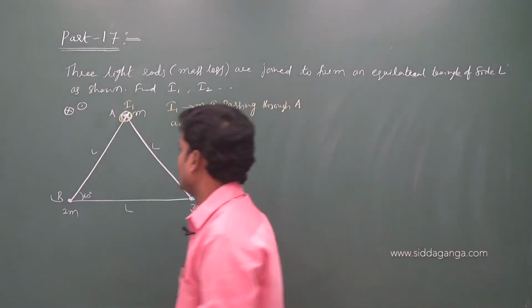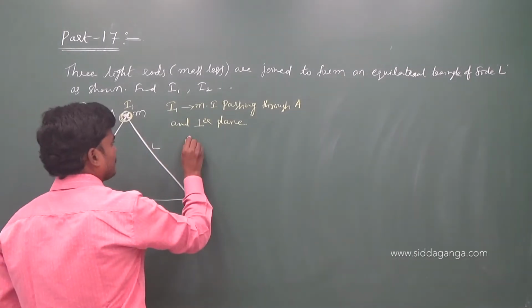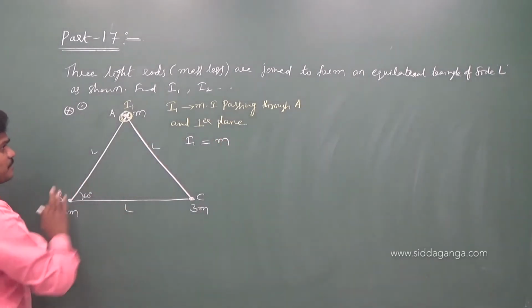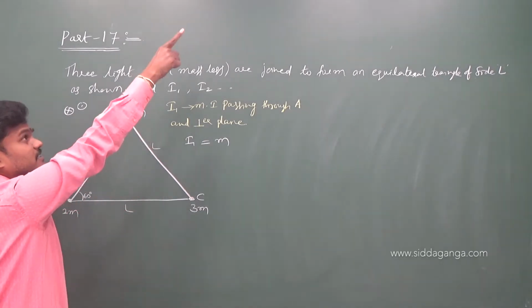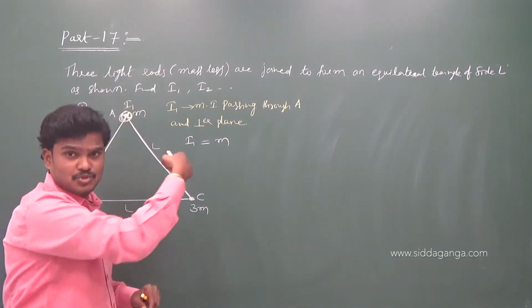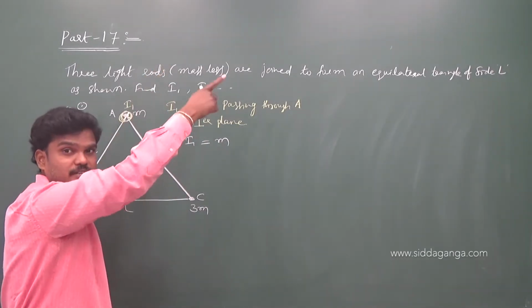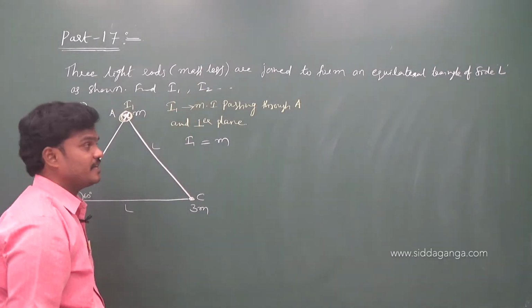Now tell me how to get I1. I1 we can write as mass into perpendicular distance. See, this is the perpendicular distance. Why? Because the axis is into the board, the z axis, and this line is on the board, which means perpendicular. The angle between the axis into the board and this line is perpendicular.